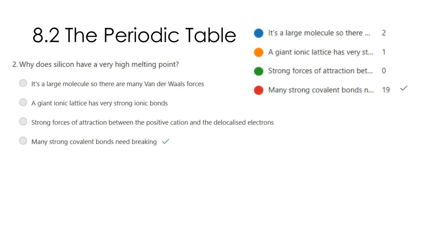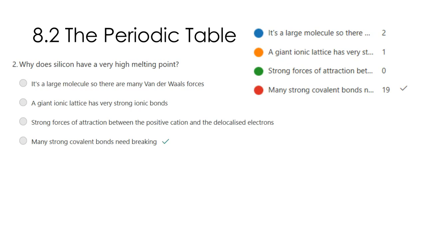If we look at the breakdown of the questions, 19 people managed to get the correct answer, but a couple of people said it's a large molecule, so there are many van der Waals forces. What you've got to remember is that van der Waals forces are between molecules, so that's only for simple covalent compounds.